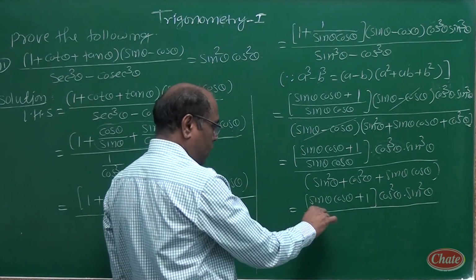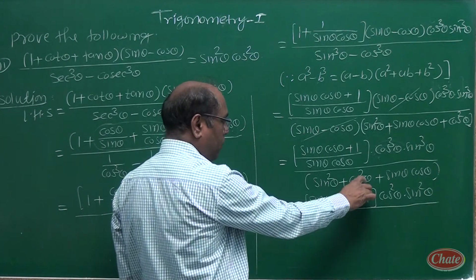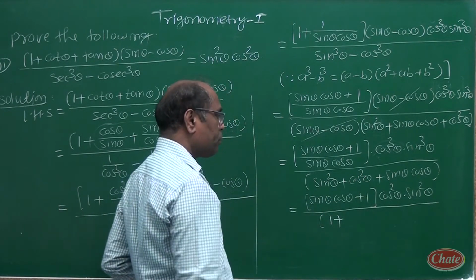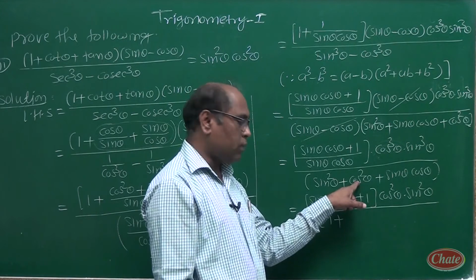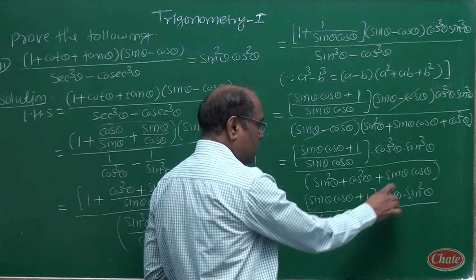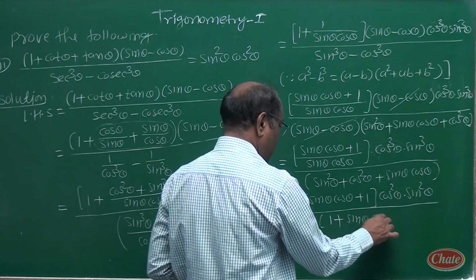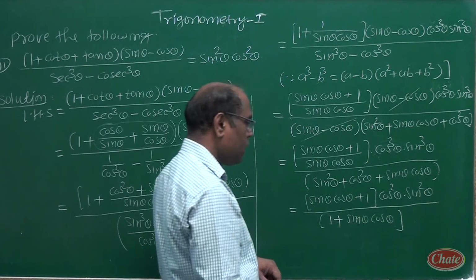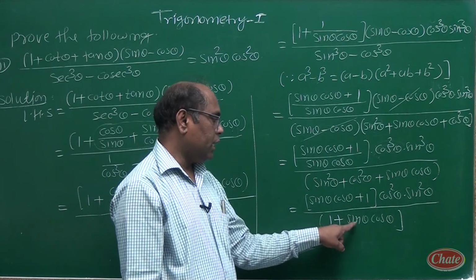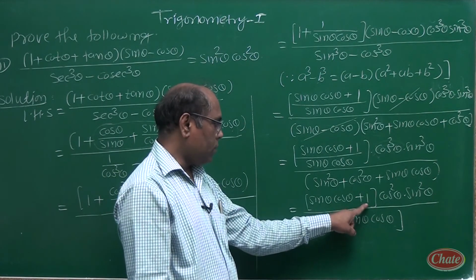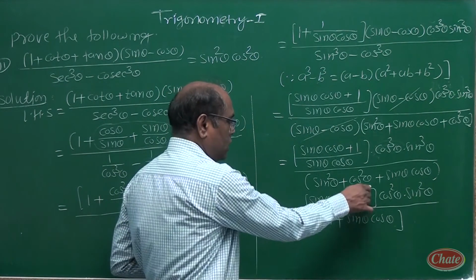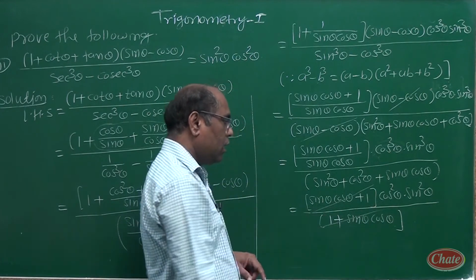Divided by, now here sin square theta plus cos square theta is 1, so 1 plus sin theta into cos theta. Now see here, 1 plus sin theta cos theta in the numerator is also 1 plus sin theta cos theta in the denominator. So this bracket gets cancelled from numerator and denominator.